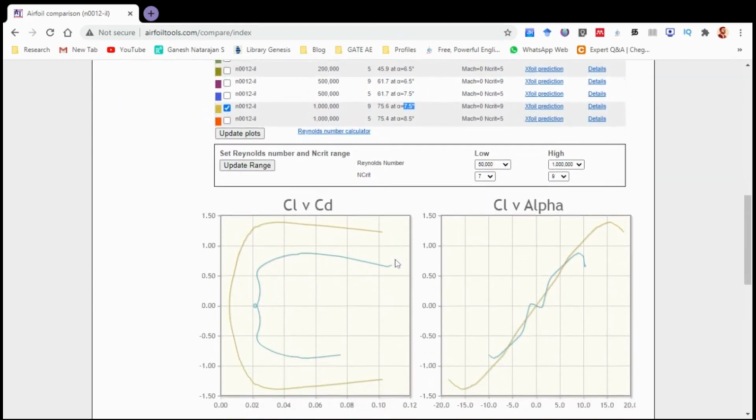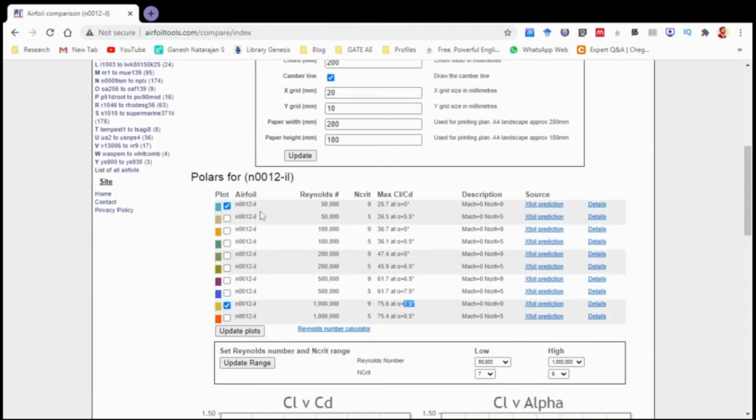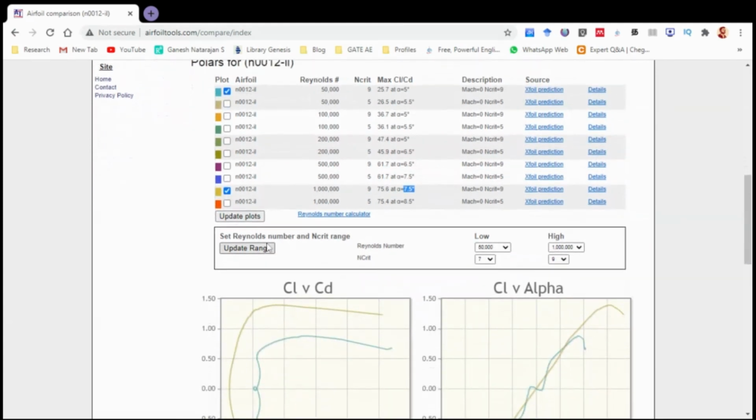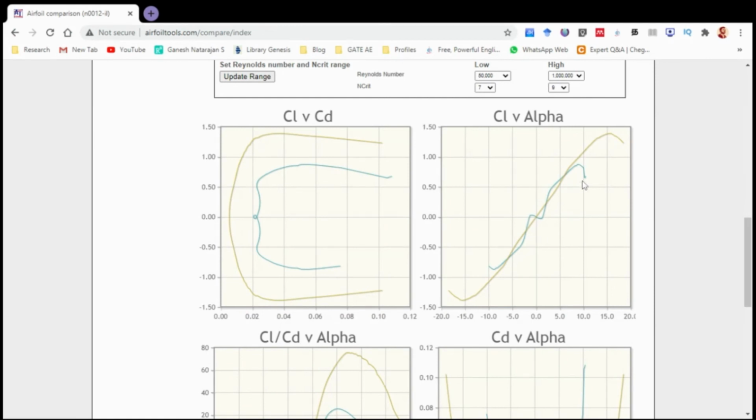So I have varied the Reynolds number and angle of attack. The blue line is for the NACA 0012 airfoil at 50,000 Reynolds number, and the orange or yellow plot is for the 10 lakh Reynolds number. We can see that when the Reynolds number is higher, the variation of coefficient of lift versus alpha is also comparatively higher.